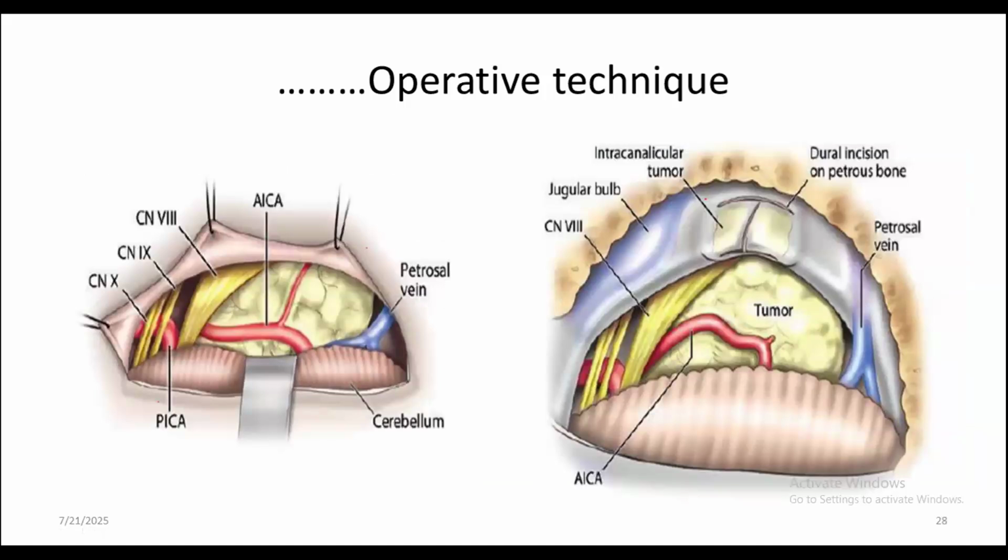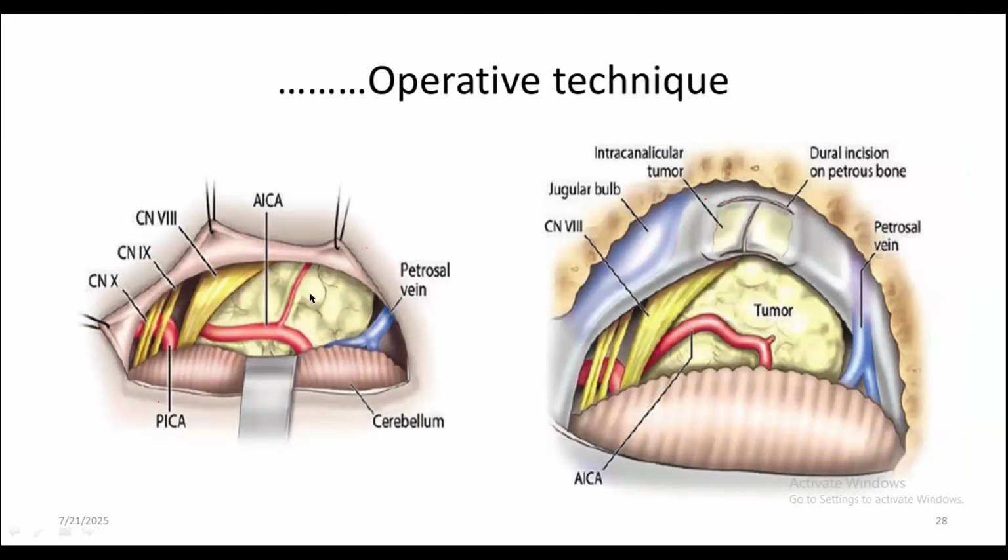So after the retraction of the cerebellum, the next structures that will be appreciated are the structures in the CP angle. And as we can see from this diagram, you can see the upper and the middle part. This is showing the 10th cranial nerve, and then the fifth cranial nerve is not depicted in this image, but we can appreciate the ninth and then the 10th, and then we can see the pica.